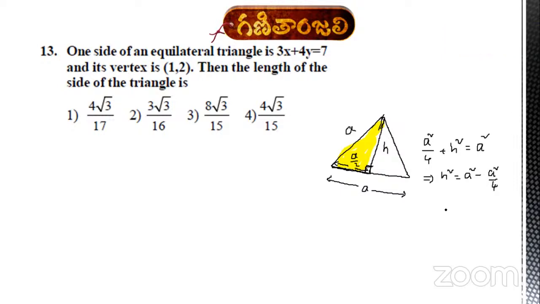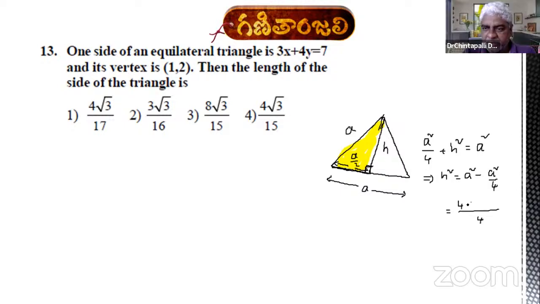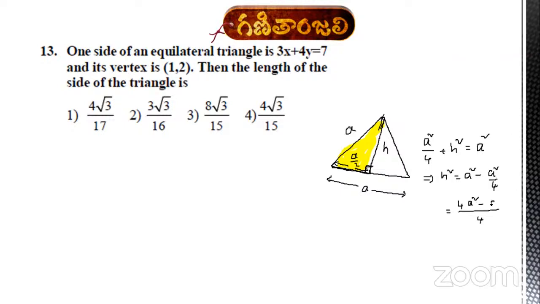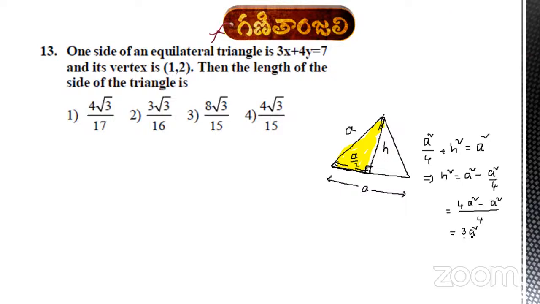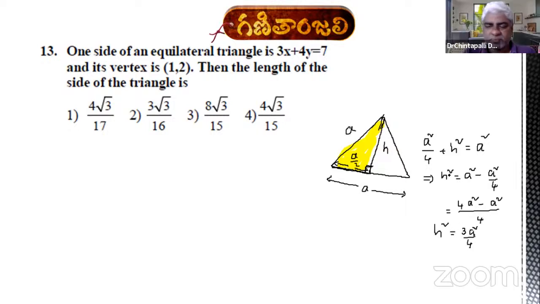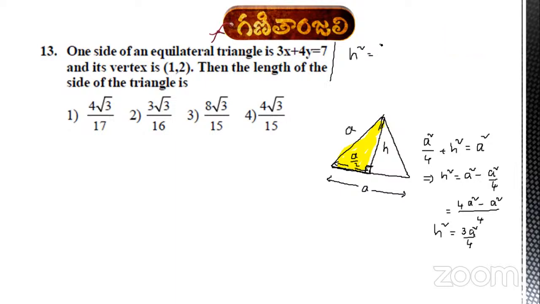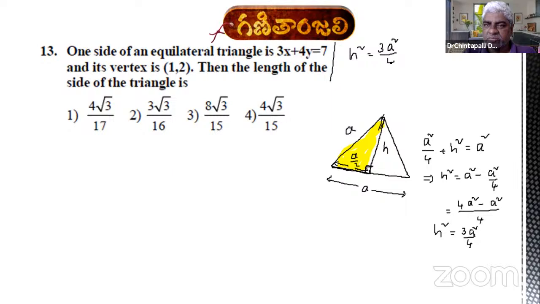Taking LCM, 4A square minus A square, that is 3A square over 4. So H square is equal to 3A square by 4.